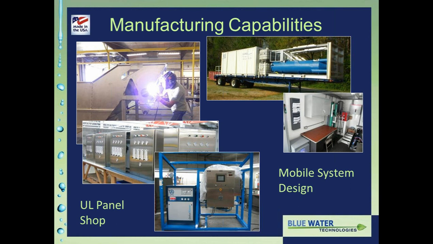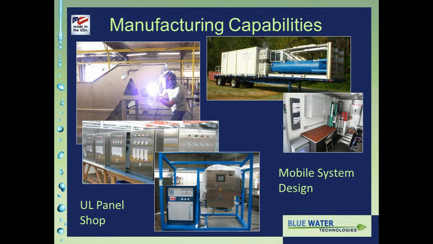Blue Water produces each of these cartridges, rotating belt filters, the EcoMat product line in our manufacturing facilities in the United States. So everything is U.S. made. We have our own UL listed panel shop. We do all of our own control systems and automation. That gives us a lot of flexibility to customize for specific clients.